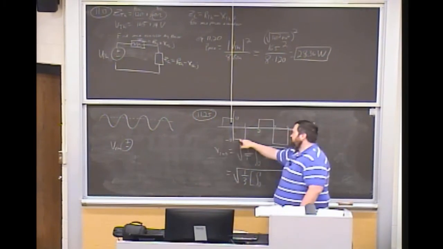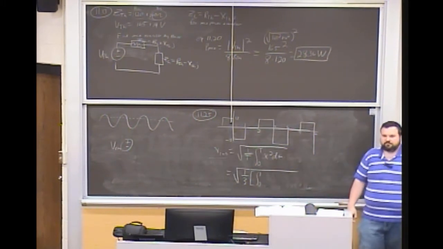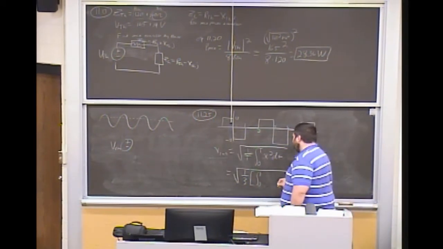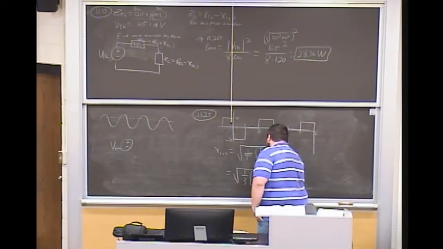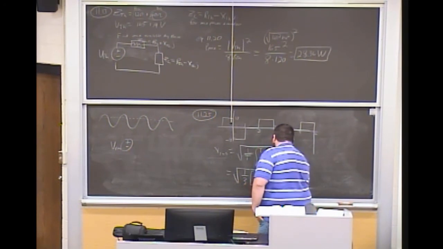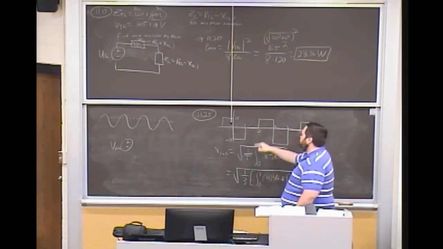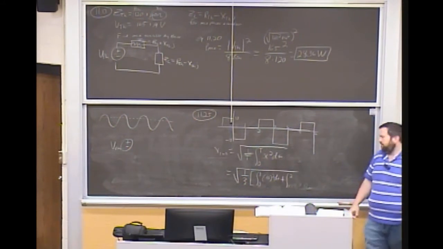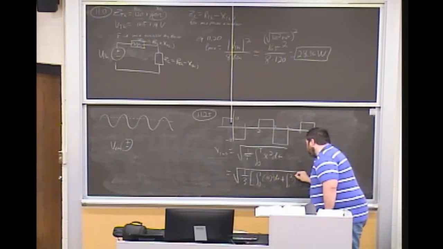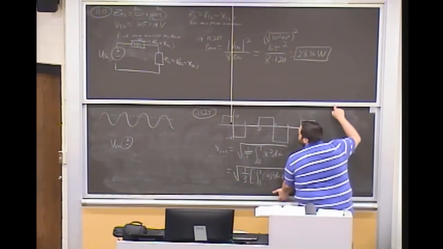What is my function from 0 to 1? -10. So I've got to do -10 quantity squared dt plus integral from 1 to 2. What's my function from 1 to 2? 0 squared dt. Here, let me throw this a little higher so you guys can see it.